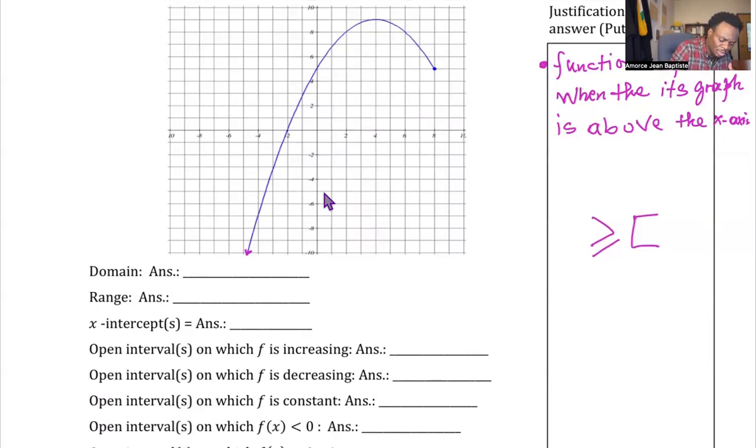But if you have just that or that, you're going to use only parentheses, right? So I wanted to mention this. So above the x-axis is f of x greater than 0.